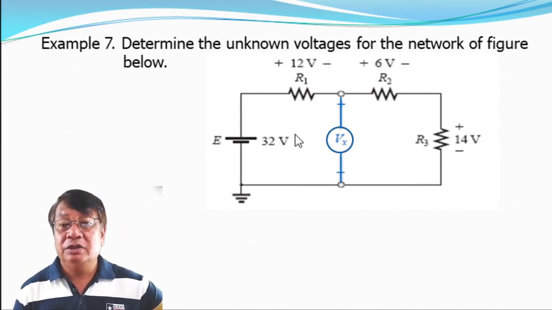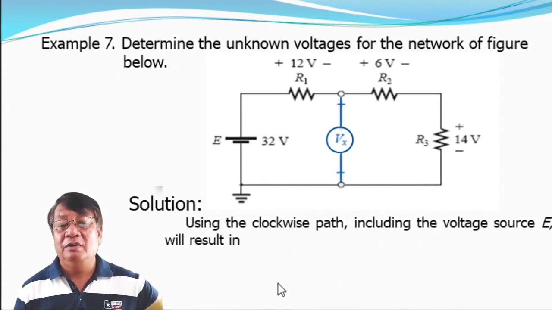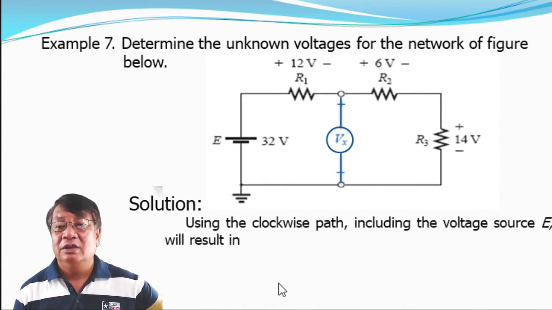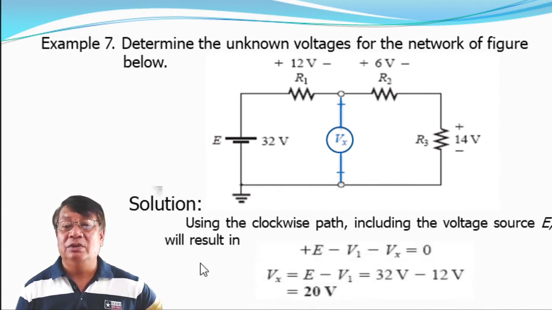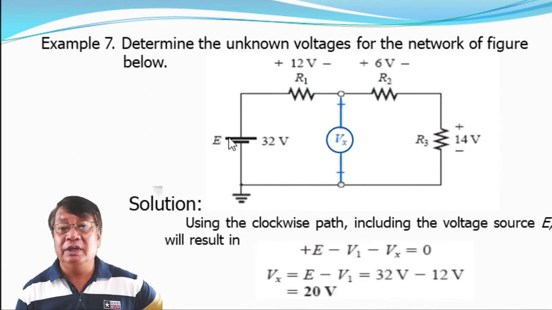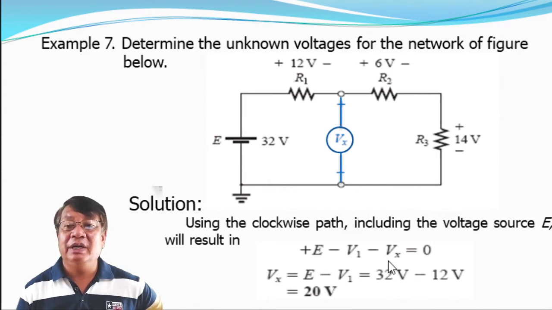Consider the left side loop of the voltmeter V sub x. Using the clockwise path, including voltage source E, we have positive E, negative V sub 1, and then this is positive and this is negative here, so negative V sub x.